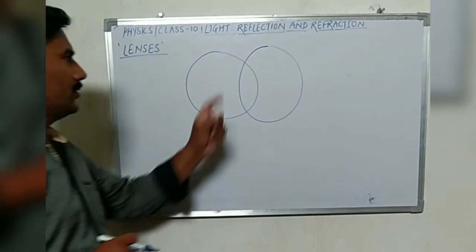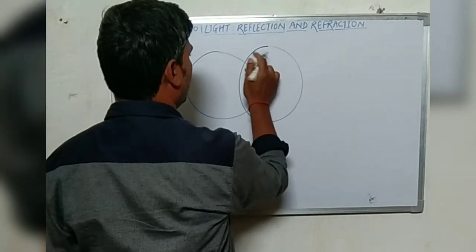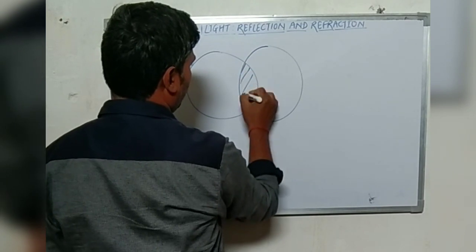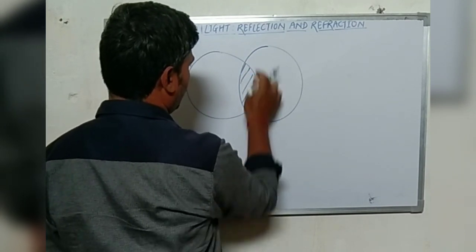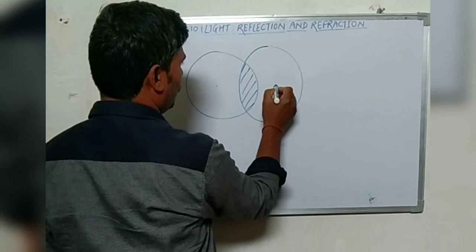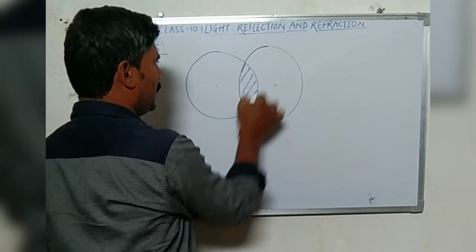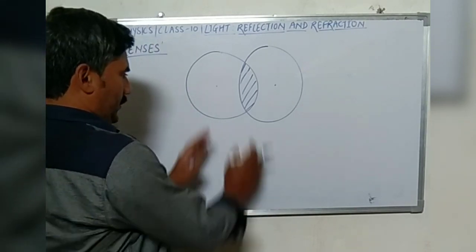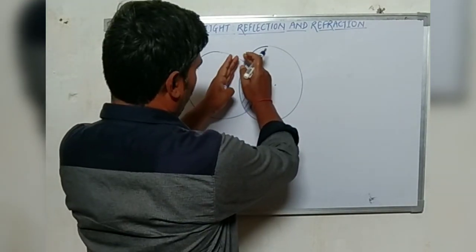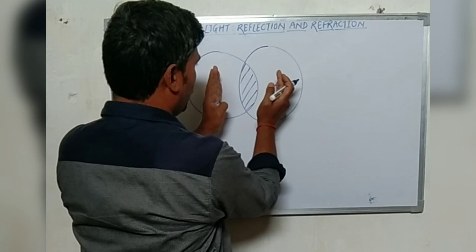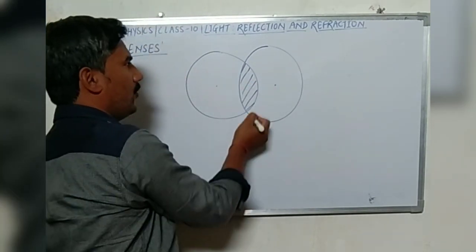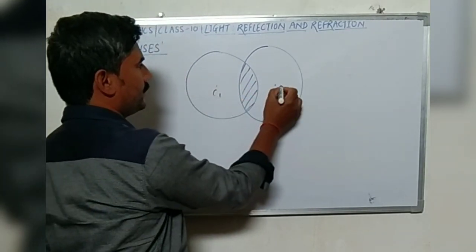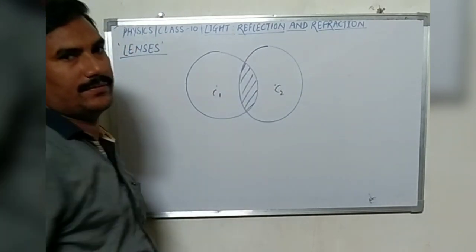Suppose we have two spheres, and out of the two spheres we have taken this part of each, or you can say the parts of two spheres are joined in such a way that it forms the convex lens.